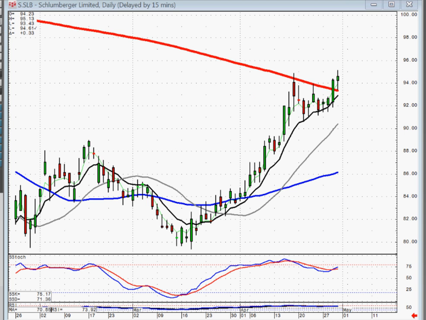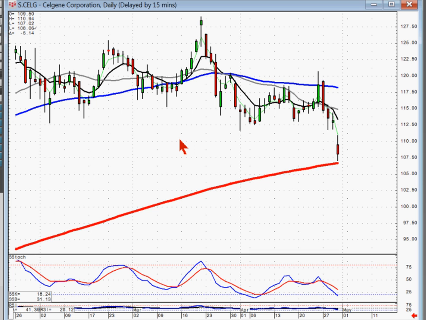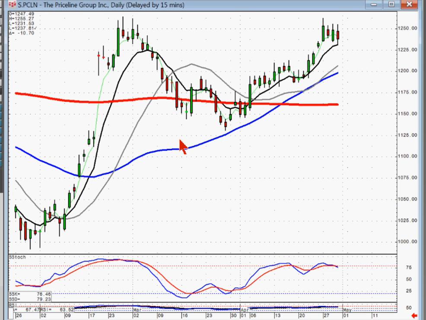Let's see. CELG. Yeah, you're looking for buy signals here to see if it's going to support at this level. Did I do price line? No, I didn't.